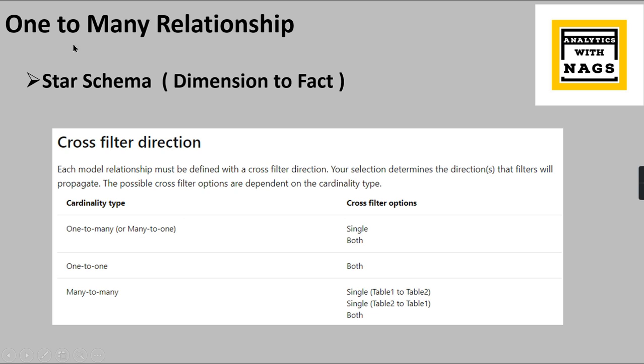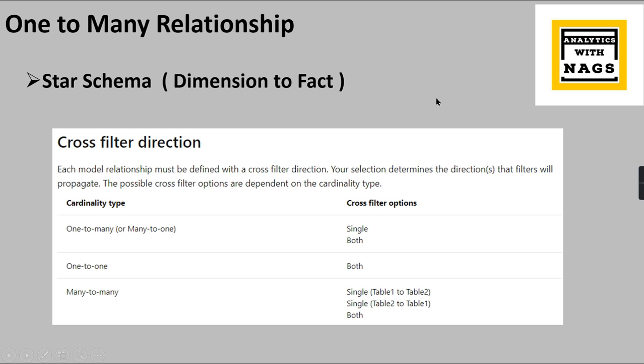Then there comes the one-to-many relationship, which we have seen in the previous example, a dimension to fact. We will see some of the issues in the one-to-many relation, the bidirectional one, the both direction, and we will try to solve them using some DAX queries.